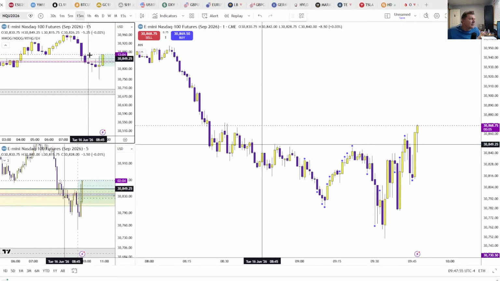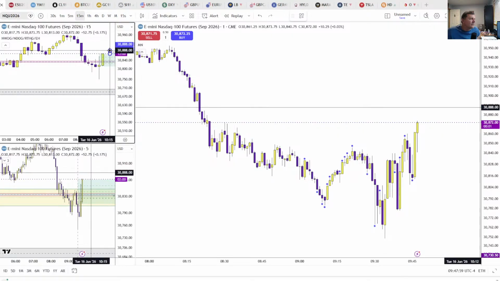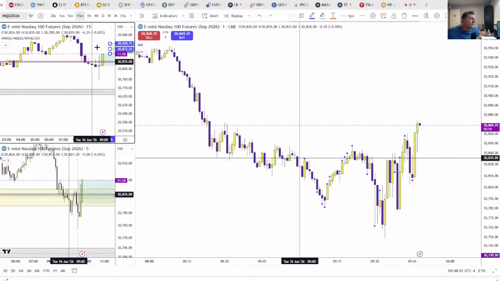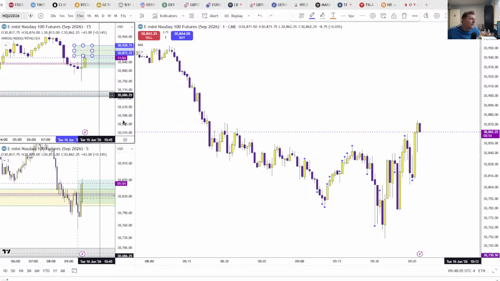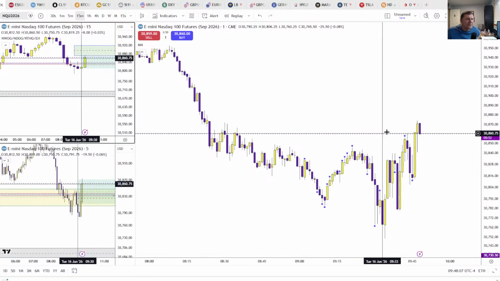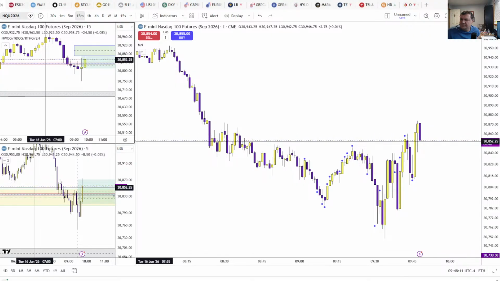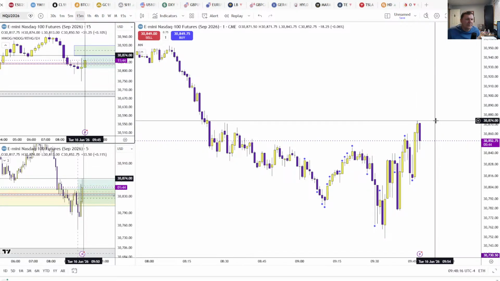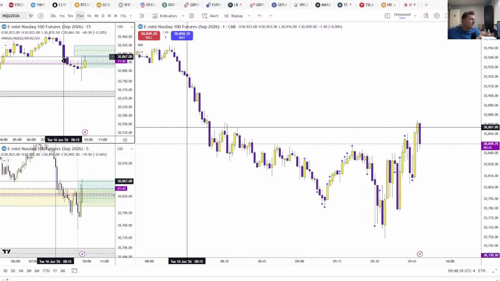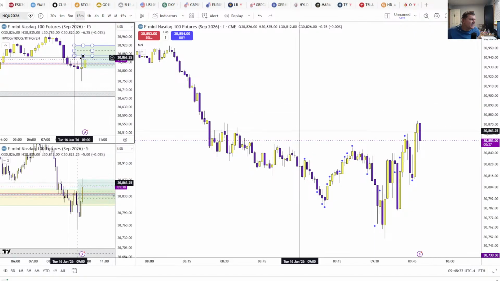Put a little box up here. What are here? That puts us right in there then, right into that order block. So now you can see a reversal.